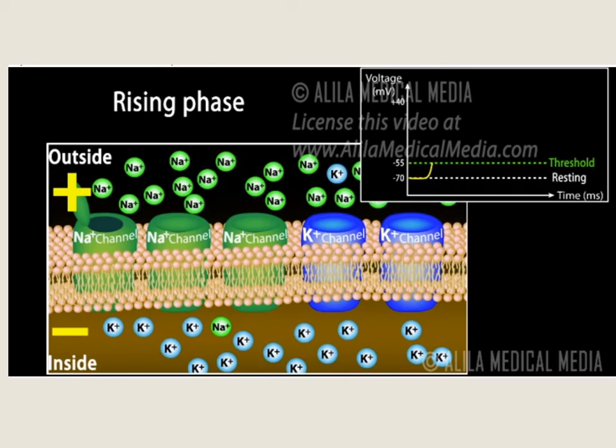The negative charge will be less and the positive charge will be more inside. Subsequently, as we increase the voltage, the remaining Na plus channels also open. The same process continues in depolarization. After reaching the peak overshoot, the falling phase continues. In another diagram we will see the falling phase.